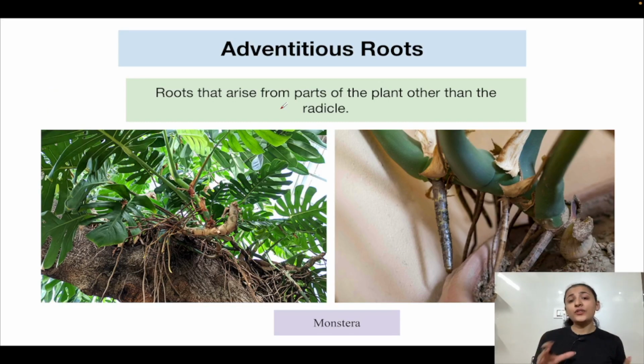Now, till now we have seen roots which arose from the radicle. The radicle gave rise to the taproot system, right? And in the fibrous root system, the radicle gave rise to the primary root, but the primary root was short-lived. So the radicle's part was only up till there in the fibrous root system.